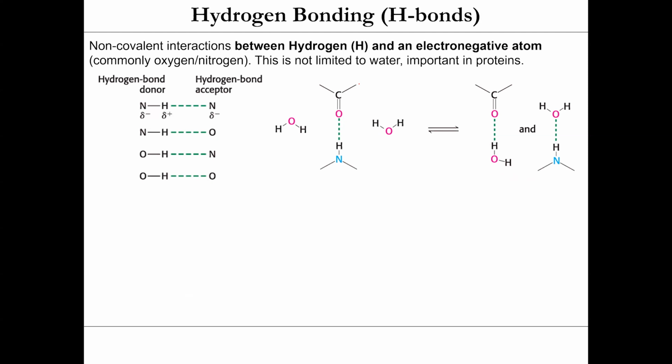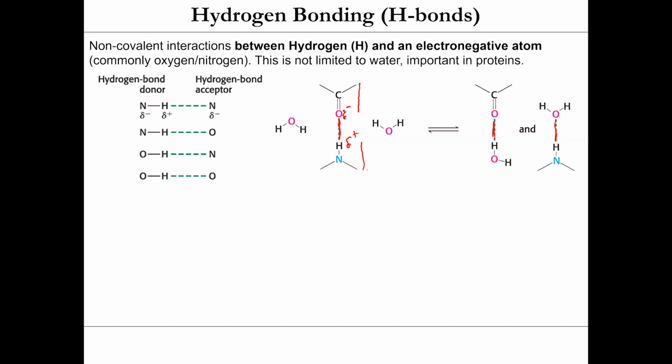You can see here two amino acid backbone molecules in a protein. We have this electronegative oxygen atom forming a hydrogen bond with a hydrogen that's bound to a nitrogen atom, either within the same protein or in different proteins. And these can exchange and also form hydrogen bonds with water.